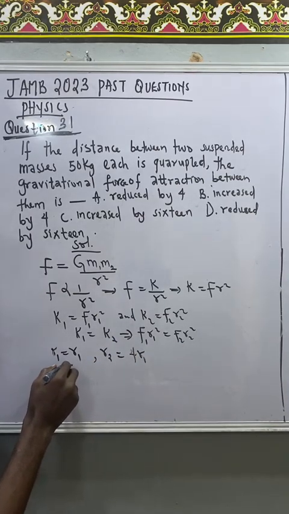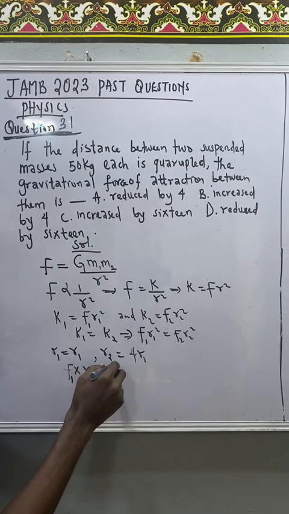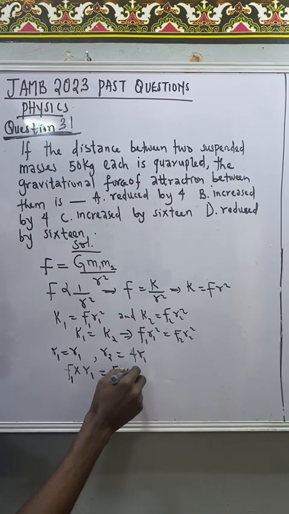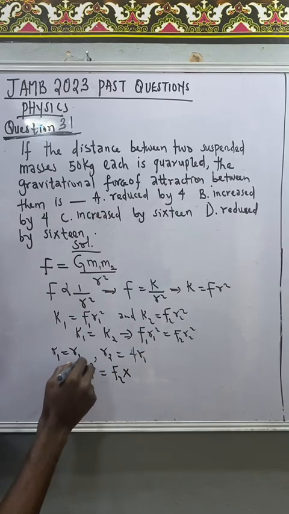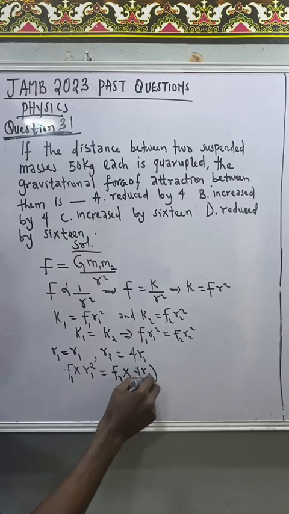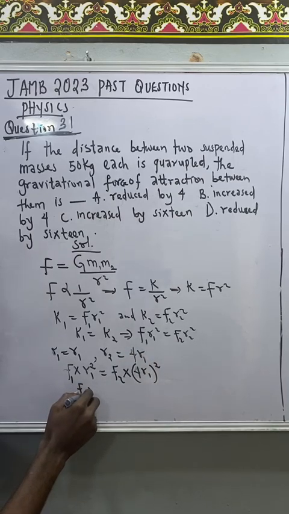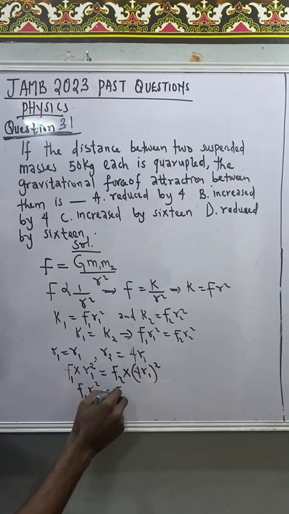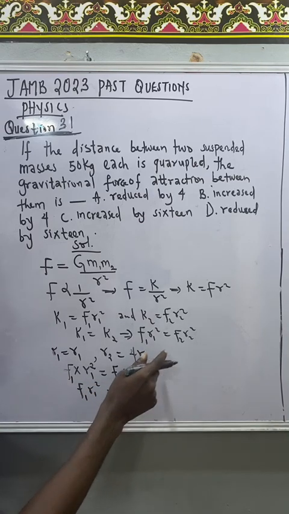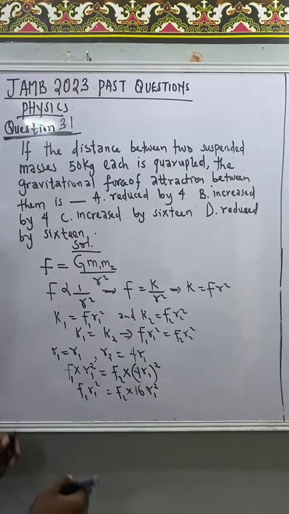Let's substitute. F1 times R1 squared equals F2 times 4R1 all squared. Now, this will give me F1 R1 squared equal to F2 times 4 squared, which gives 16 R1 squared.